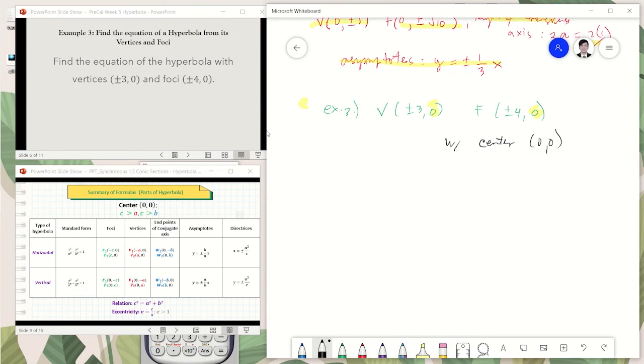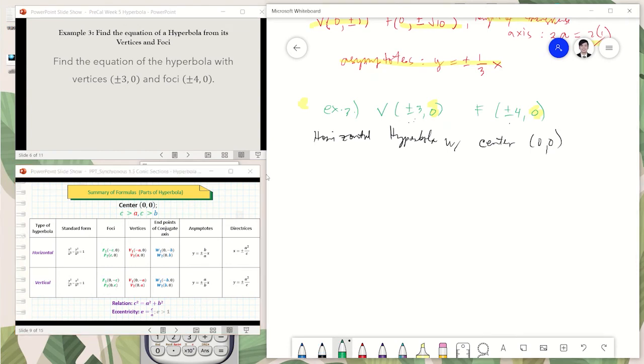And then you'll notice that there are changes in our x coordinates for the vertices and the foci as well. So in other words, that's horizontal. So you will just look at the summary formulas for horizontal hyperbola with center at the origin, or 0, 0.